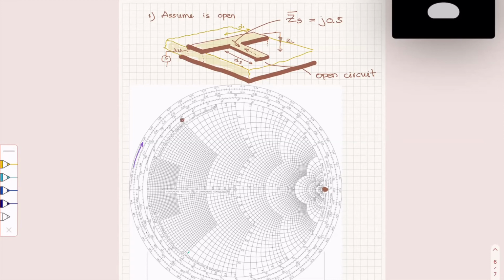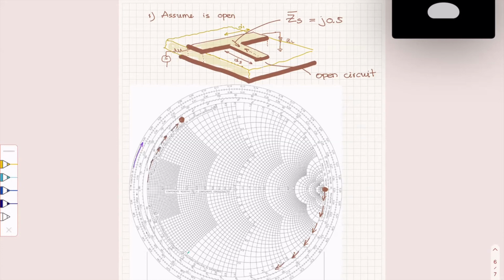Which means that I will have to travel along this direction until I meet that point.